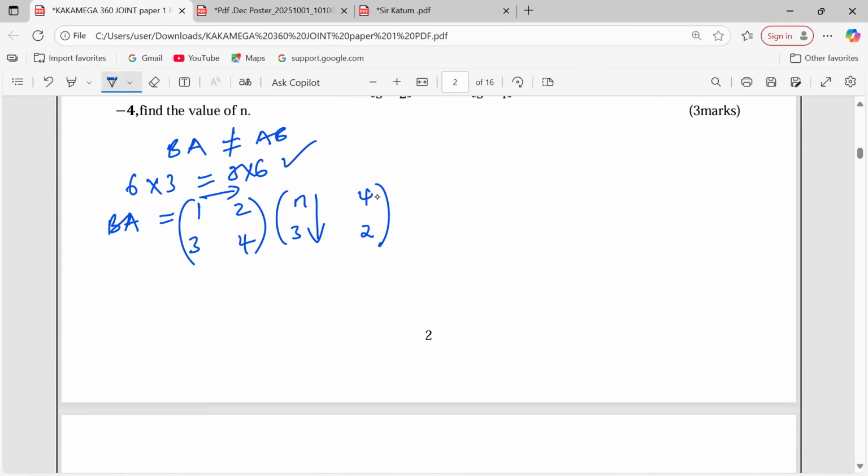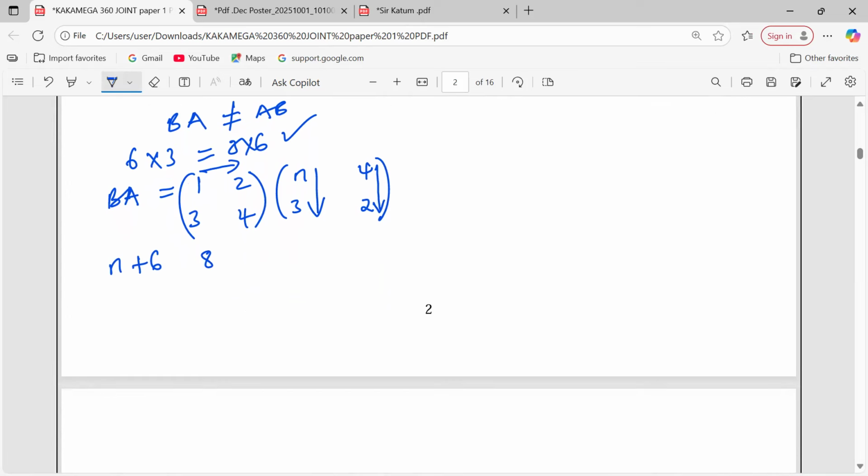So 1 by n plus 2 by 3, making it n plus 6. The next term shall be the same row, the next column. So 1 by 4 and 2 by 2. That is 4 plus 4, making it 8.